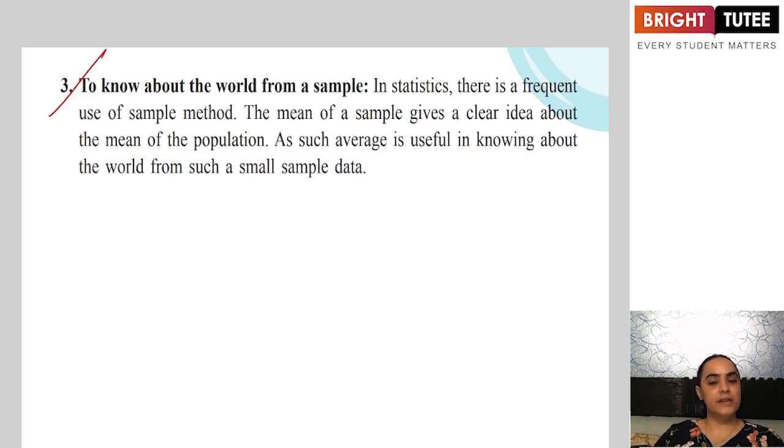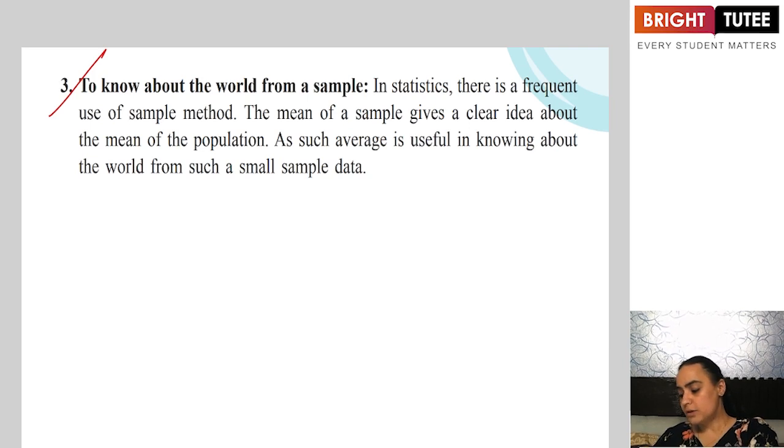Studying the entire population is at times not feasible when the duration is less. So what do we do? We pick up a sample and we analyze that sample, and on the basis of that sample, we derive the conclusion for the entire group. So this sample represents the entire world, and this is exactly what an arithmetic mean does. One number represents the entire set of information, the entire set of data which is given to us.